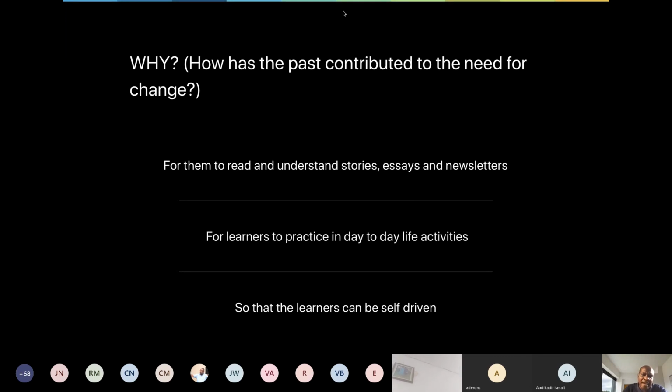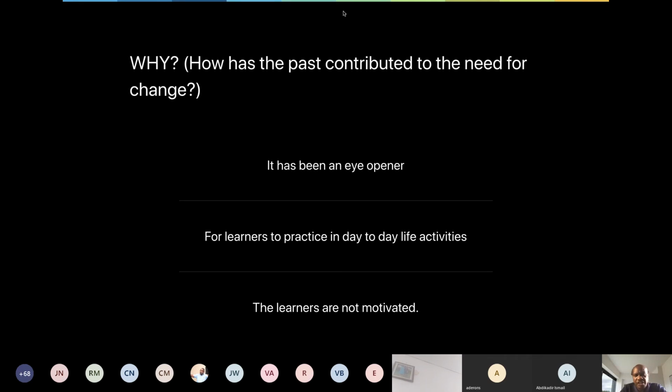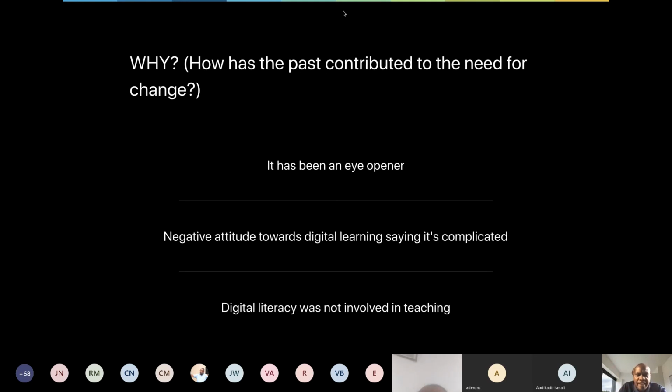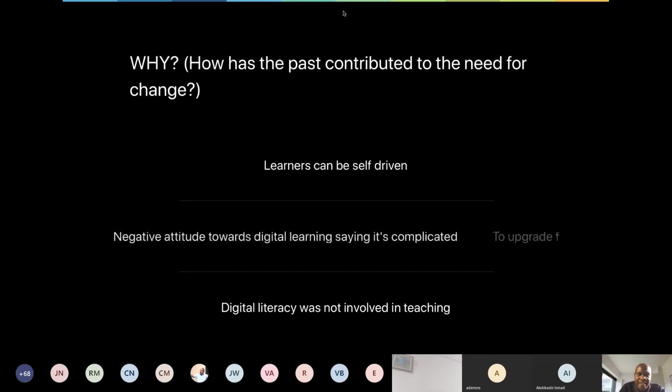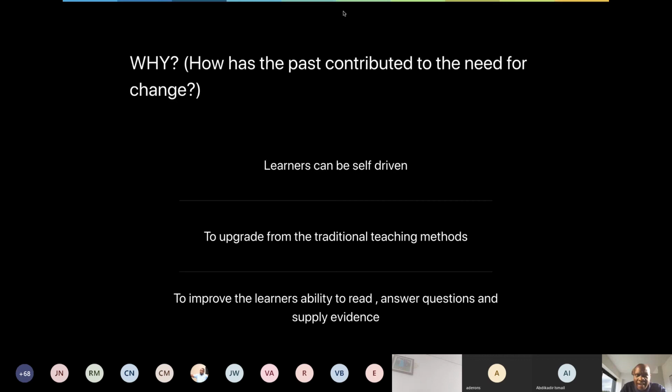So you can see we are looking at the past to see why we want to bring this particular change. And you should formulate your justification. For example, currently the learners have a negative attitude towards technology, and I know the potential of technology.